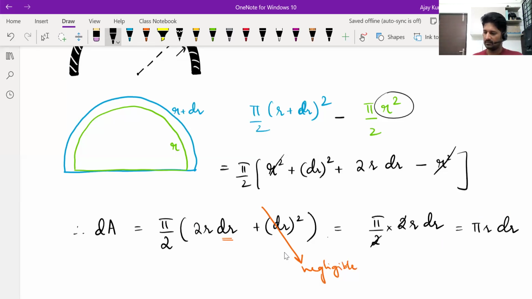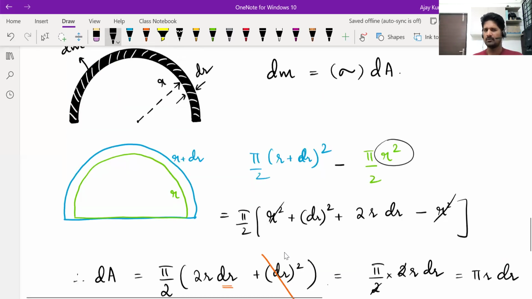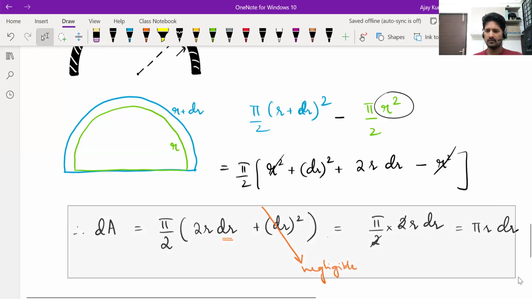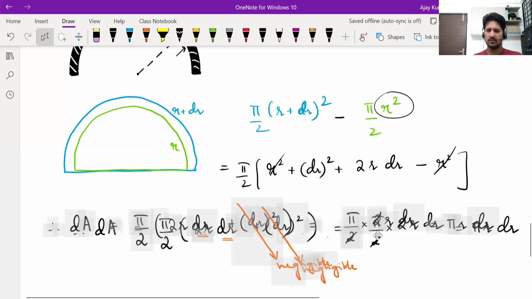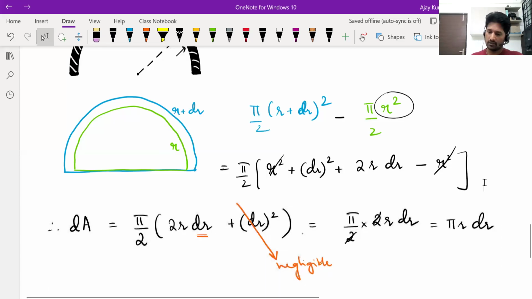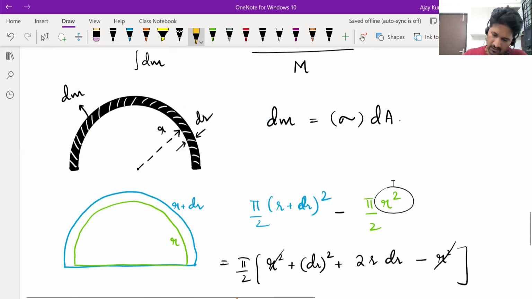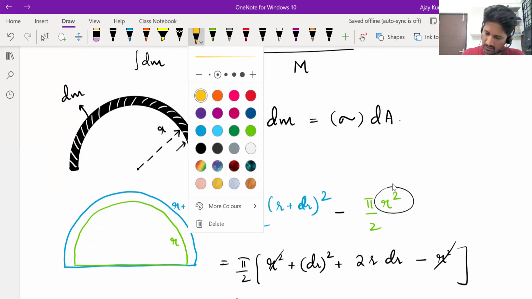This is interesting. What is the formula for perimeter of a semicircle? Length of a semicircle is pi r. So what we got here, the final result, is the length of the semicircle multiplied with the thickness or width. I'll indicate the length in yellow here.